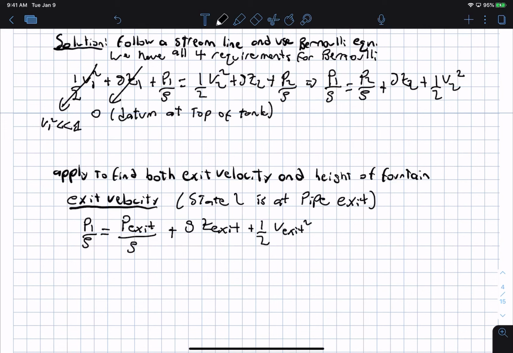Okay, that is Bernoulli. Well, it's a free jet, so P exit equals P atm, which we're assuming is 0 gauge pressure. And that's by assumption.